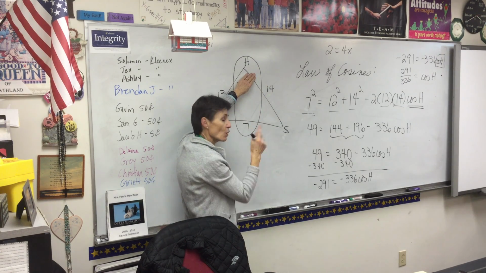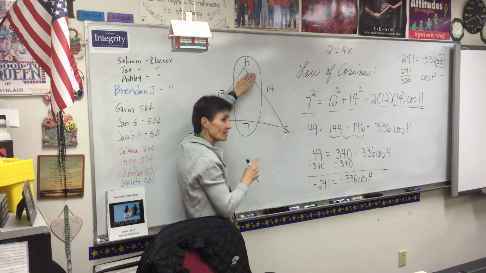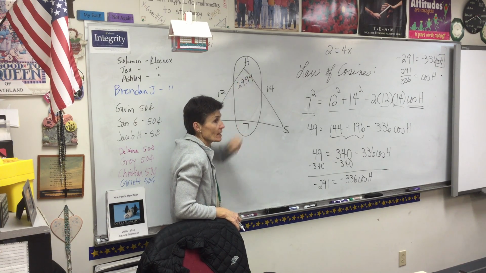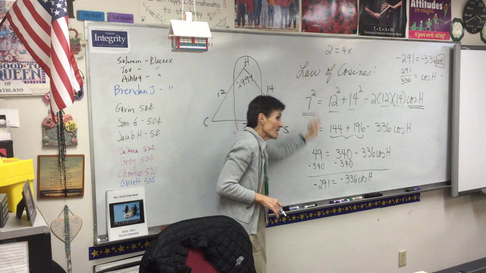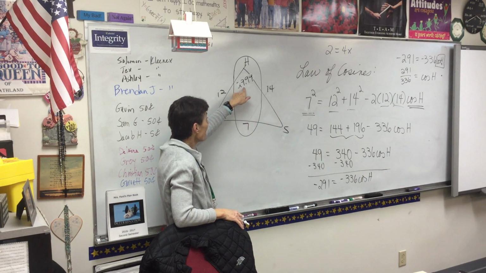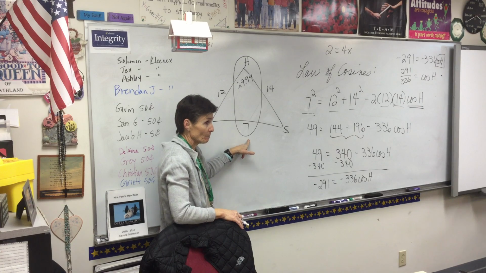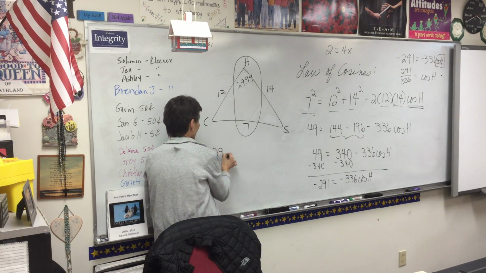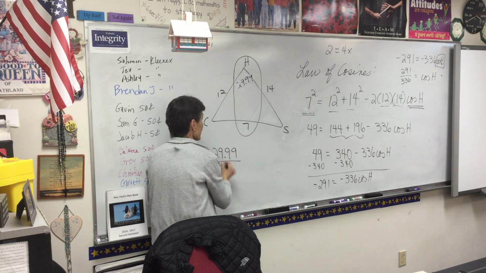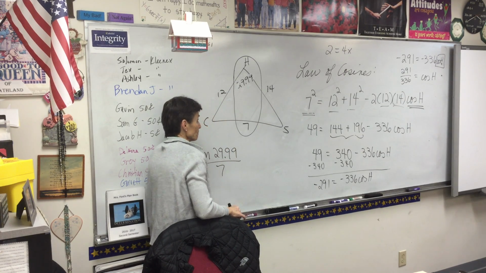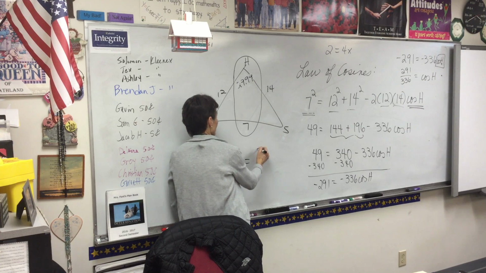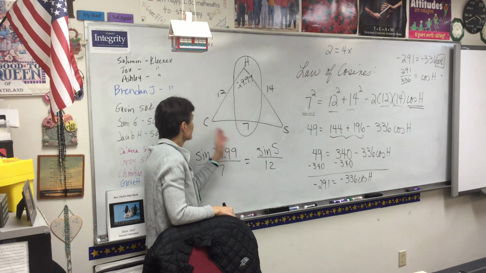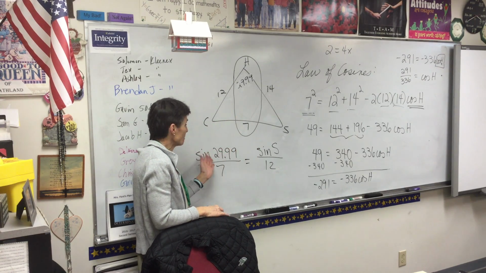If you don't have a pair, you can't do the law of sines. That means you're going to do the law of cosines. Now, once I've done my law of cosines, now I have a pair, so I can say sine 29.99 over 7, that's my pair, equals, I don't know, sine S over 12, or I could say sine C over 14, it doesn't matter.